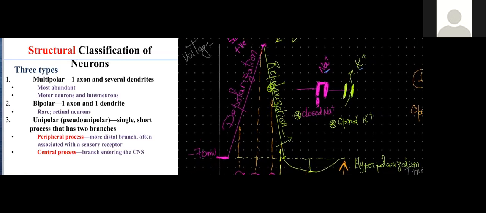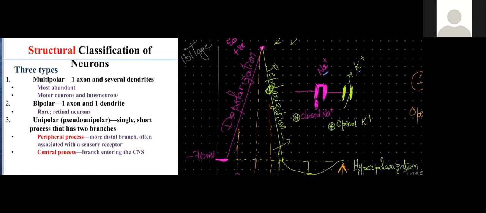During late repolarization, I am losing some of the positive charges. So let's say you're losing 25 positive charges. You are now experiencing more expenses.